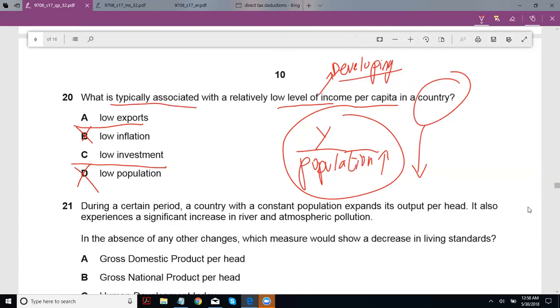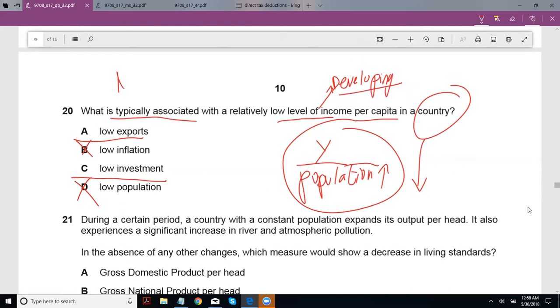If you look at your overall national income, if you link this with aggregate demand or aggregate expenditure, that is C plus I plus G plus X minus M. So either low exports or low investment, both of them would lead to a relatively low level of income. That is for sure. But you have to figure out which one is more relevant to the question, which one is typically associated.